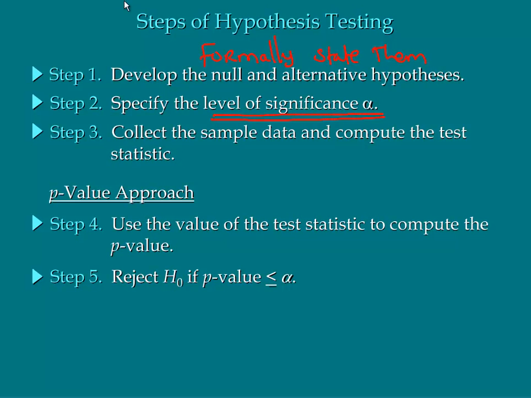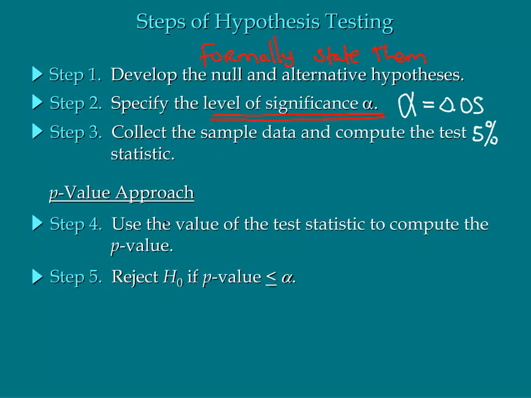Just as a quick remark, in a lot of courses, if you're not told specifically what alpha level to use, you're expected to state one yourself, and usually you will go for something like alpha equals 0.05, in other words, a 5% significance level. Then collect the sample data and compute the test statistic.